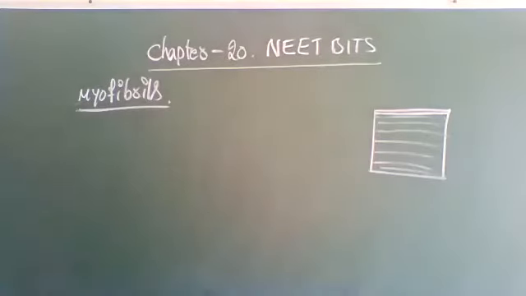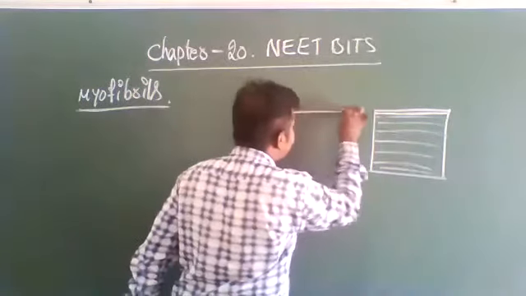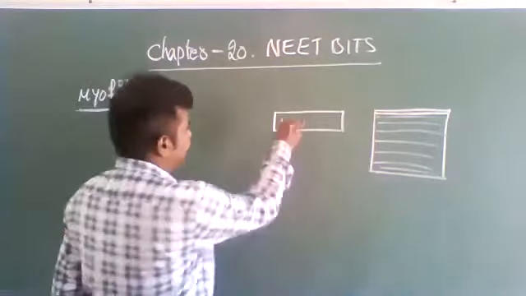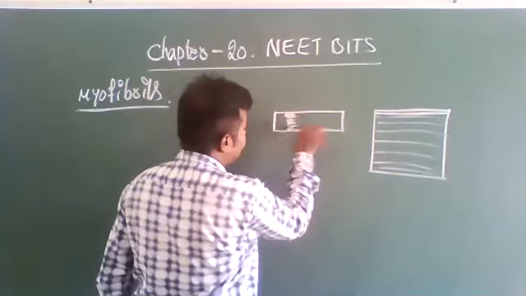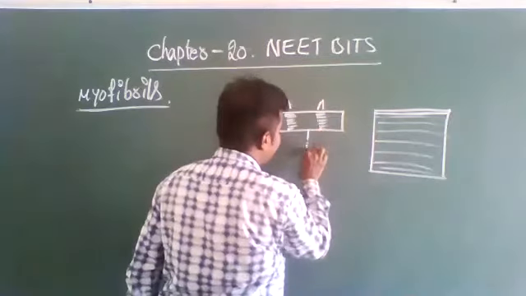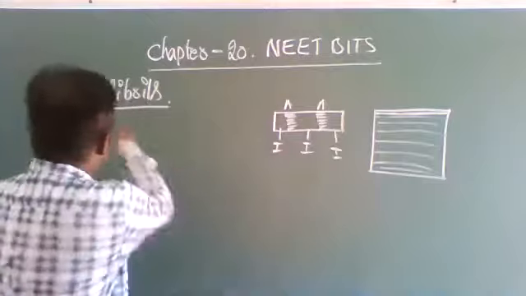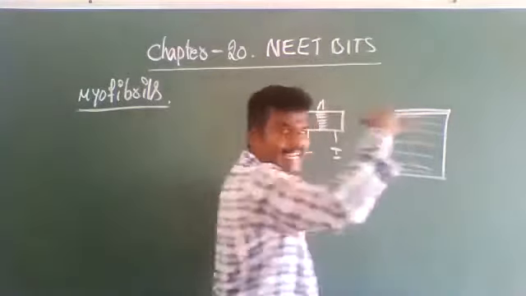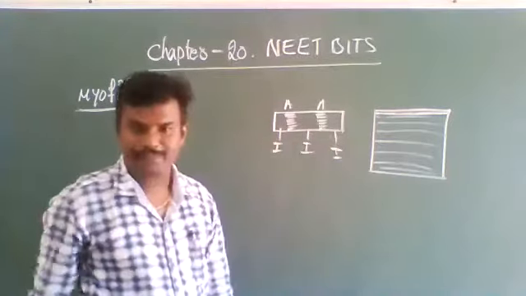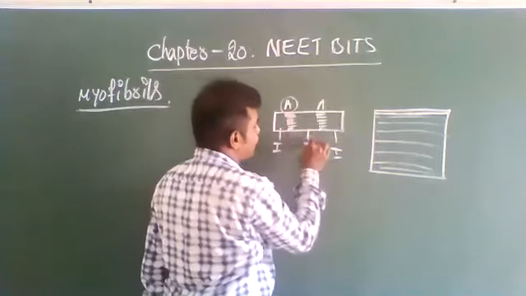The first one: each myofibril possesses A bands and I bands. The myofibril, this part, you will see under the electron microscope, and it will be visible like this. Each myofibril possesses A bands and I bands.